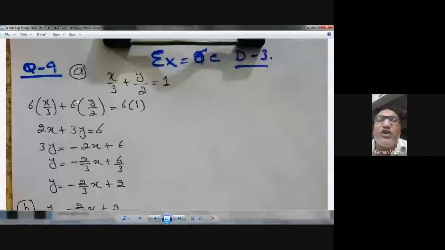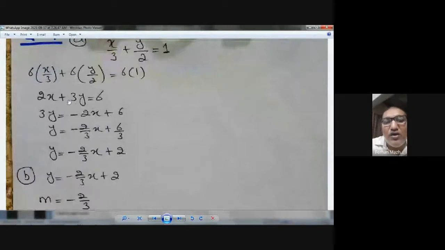So now, because I want to make y the subject of the formula, it means that I will make the y alone on one side of the equation. So I will take this 2x to the other side. It will subtract there. It is positive 2x here. On the other side, it will become minus 2x plus 6. This 3 is multiplying with the y. When it will go on the other side, it will divide with both the terms.